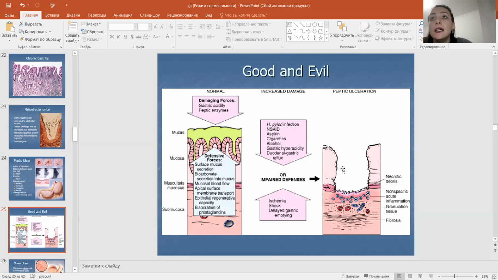Ulceration means a defect of the mucosa, submucosa, maybe to the serosal layer of the gastric wall. You can see four zones of the ulceration: necrotic debris, non-specific acute inflammation, granulation tissue, and fibrosis.